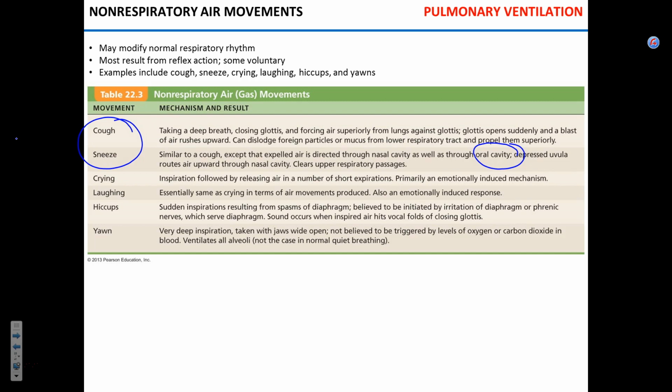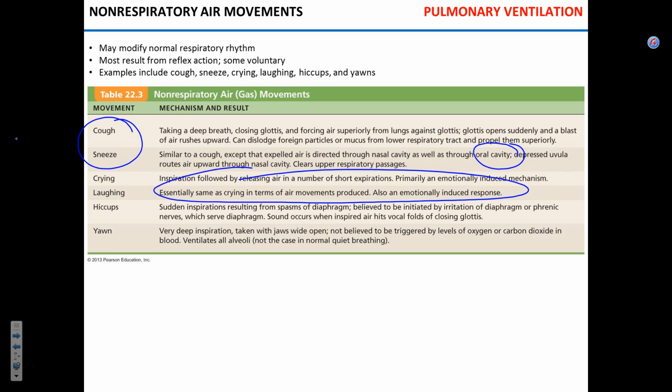Crying and laughing are the same. Seriously, mechanistically, it's the same. Both are emotionally induced. Two things. First, nobody knows why we laugh, the evolutionary importance of it.